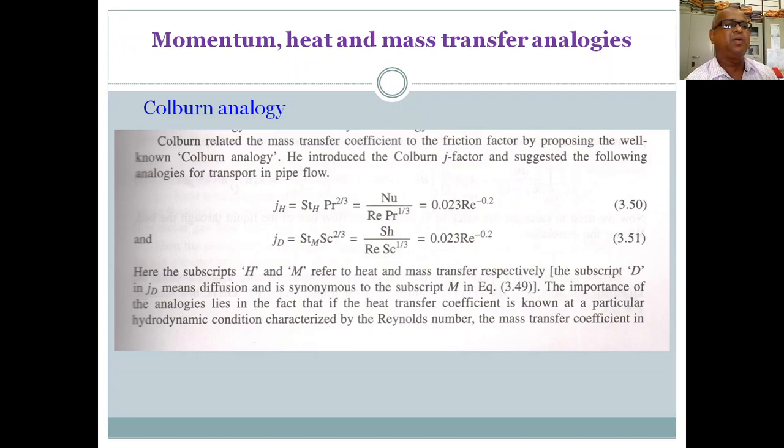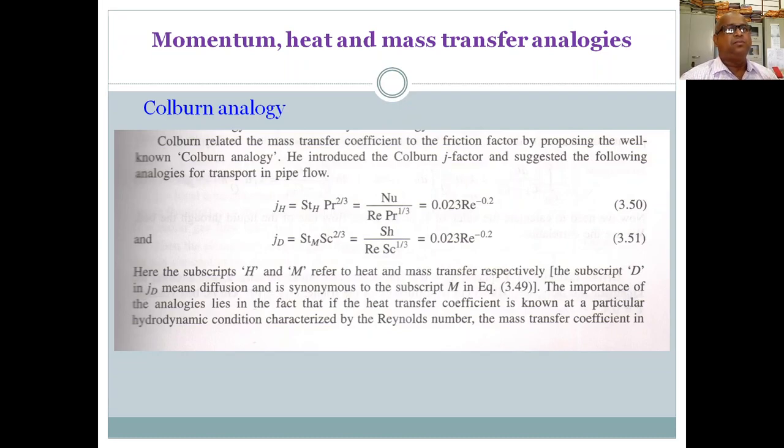From the Reynolds number, you can calculate the Nusselt number, and then the heat transfer coefficient. If you can calculate the Sherwood number, then you can calculate the mass transfer coefficient. That is required in your convective mass transfer to calculate the flux in turbulent flow. That is the most important number, and once you can calculate it, other things are very easy. So this is all about your convective mass transfer.